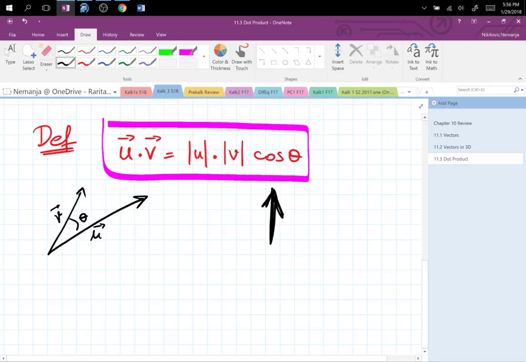There are multiple applications for the dot product, and one of them is work. We are going to talk about work in physics in this lecture.